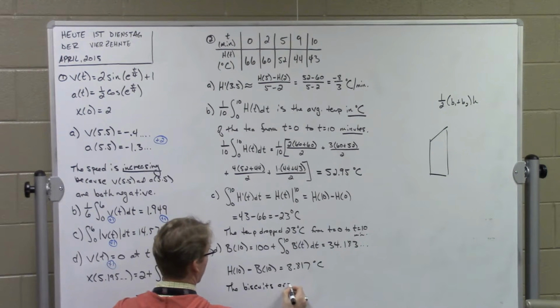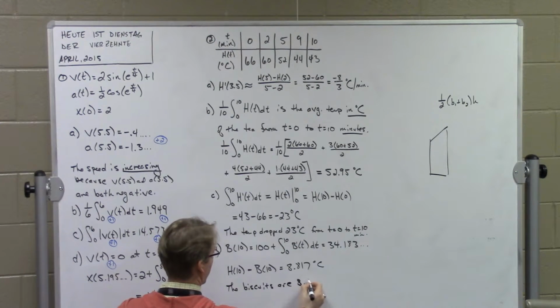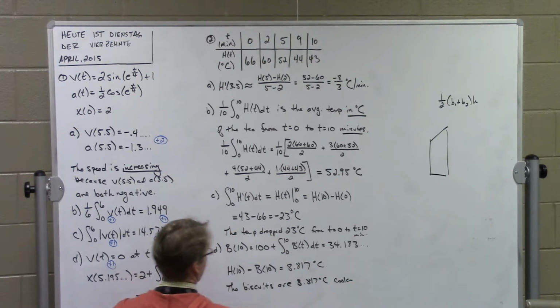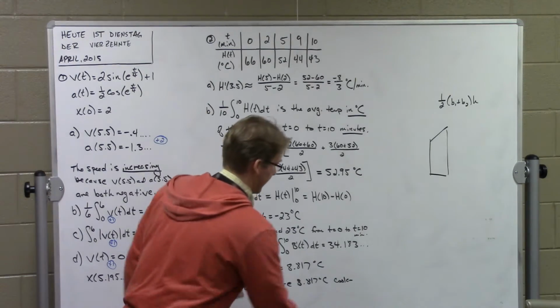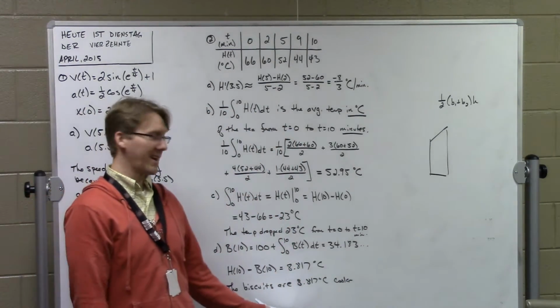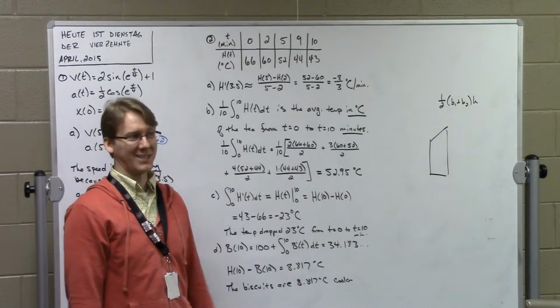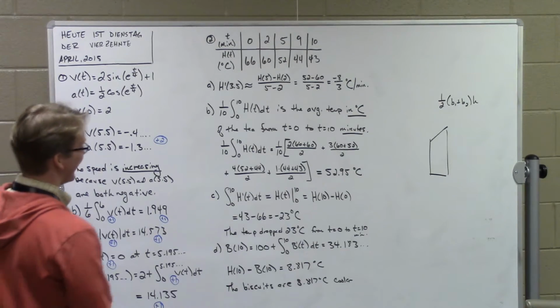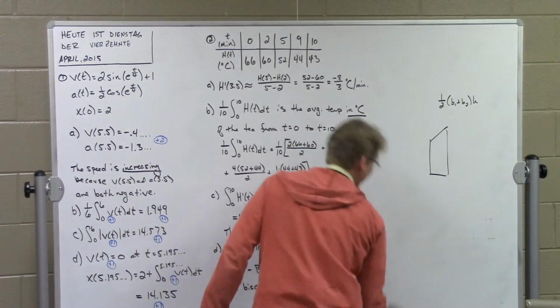You're just saying that could be how much hotter they are than this. 8.817 degrees Celsius cooler. It'd be funny if they said hotter and you just came up with an error. By the way, if you say it's negative 8 point whatever degrees hotter, it's technically right. They'd be like, idiot. Maybe I wanna do that.